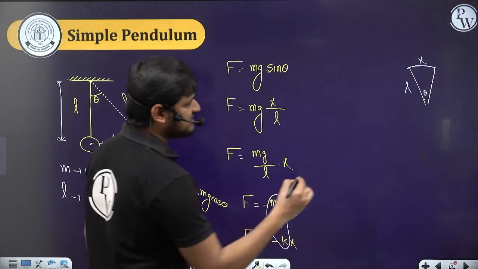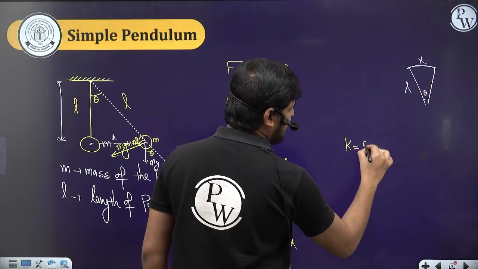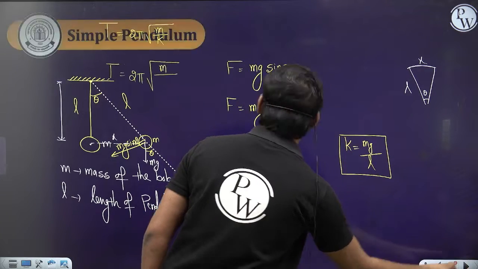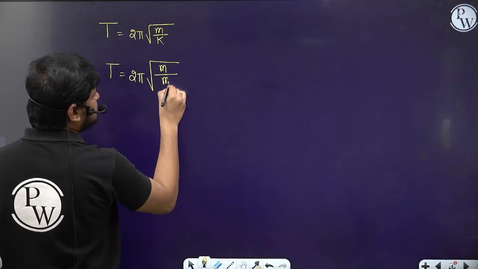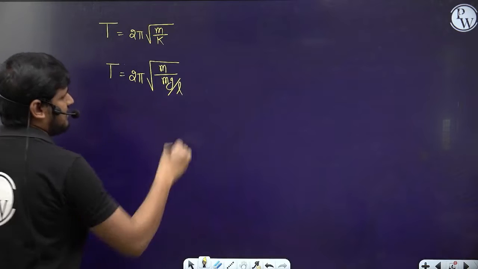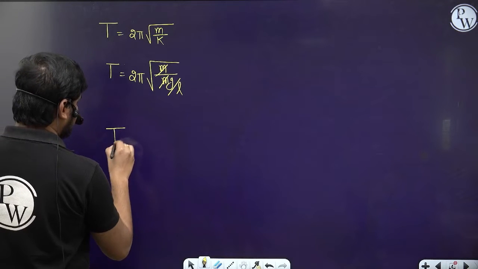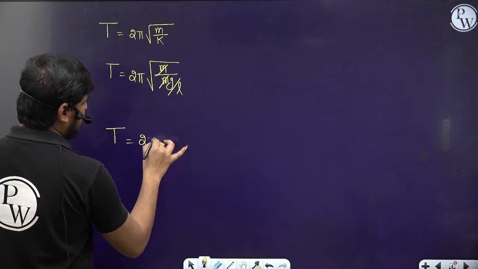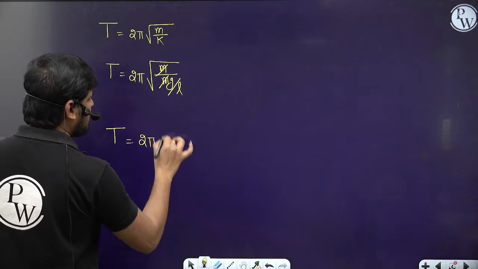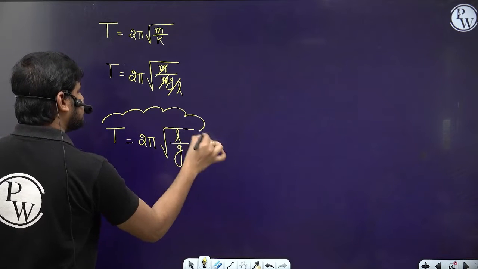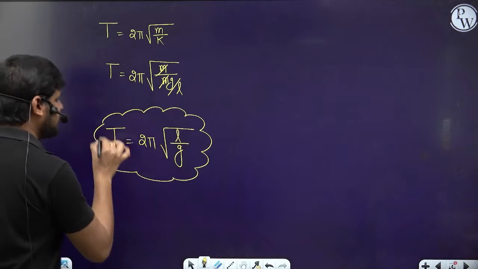K is equal to mg by L. Substitute it here, mg by L. The m cancels. So the time period is equal to 2 pi into root over L by g. So this is the time period of the simple pendulum.